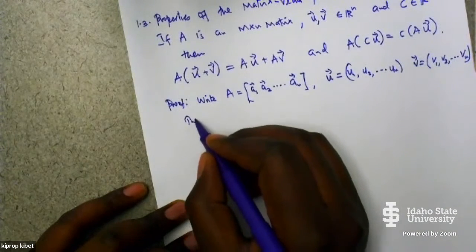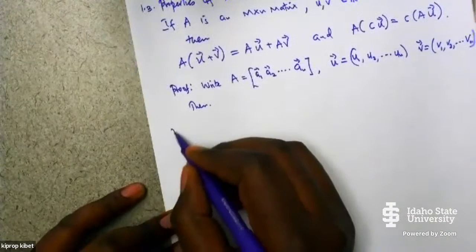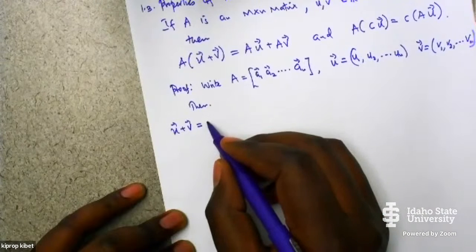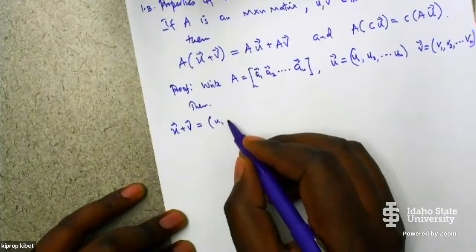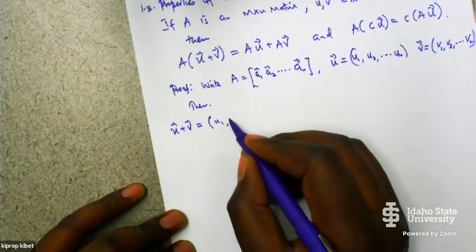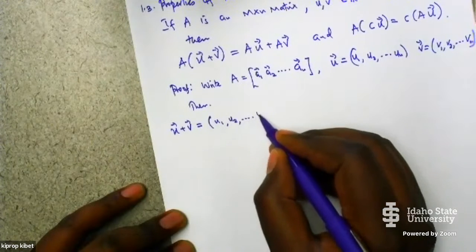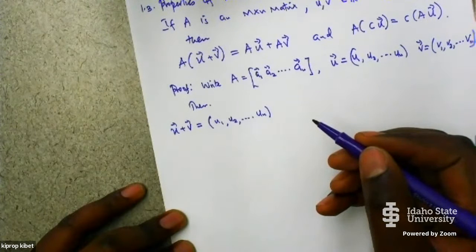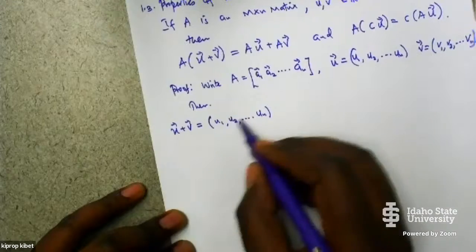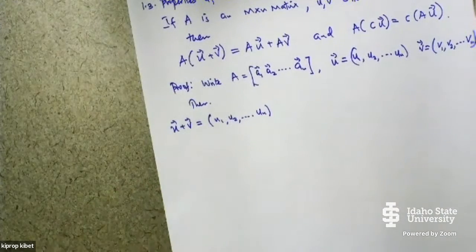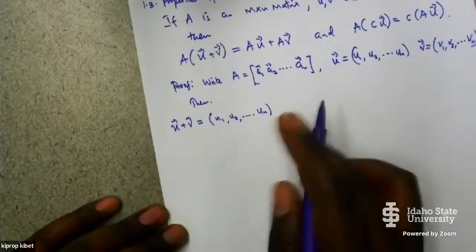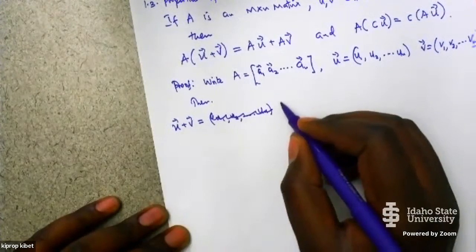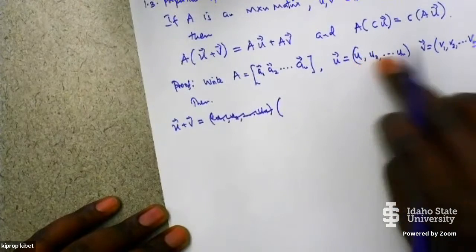Then U plus V equals U1, U2, up to UN, plus V. So U plus V is the vector which is formed by adding U1 plus V1.